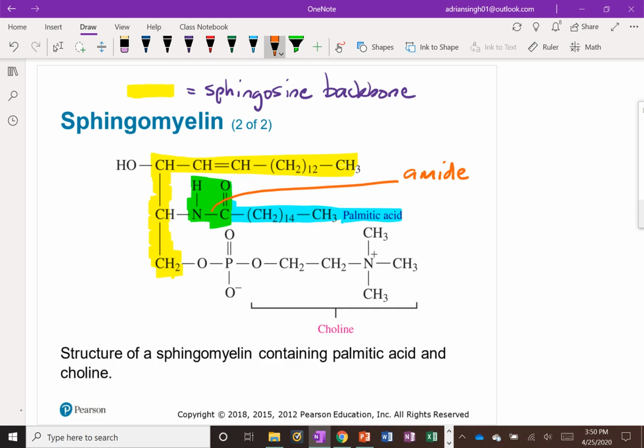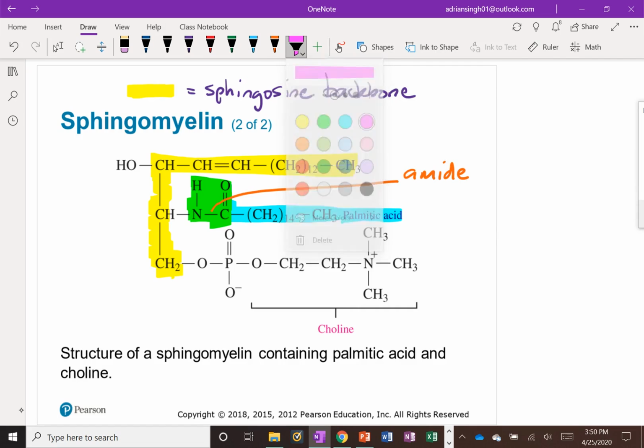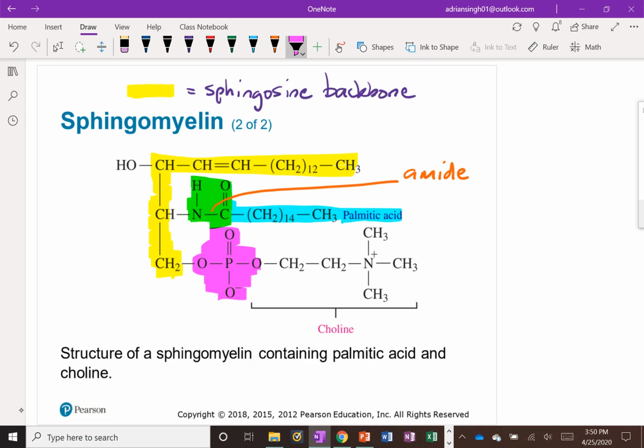And then underneath, we have the phosphate group. We'll do that one in, let's do purple. So that's our phosphate. And that phosphate is attached to the sphingosine backbone by a phosphoester bond.